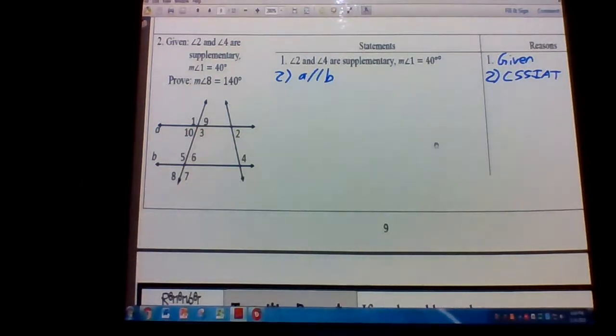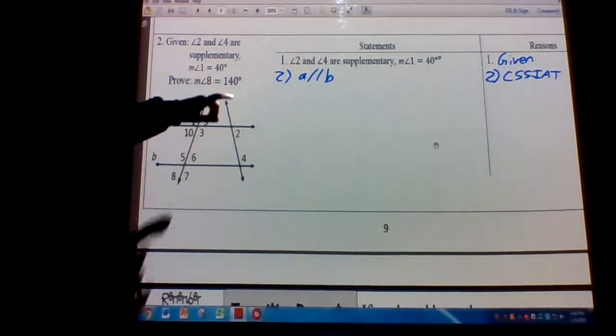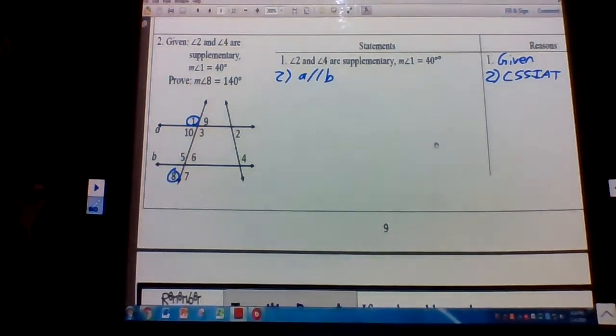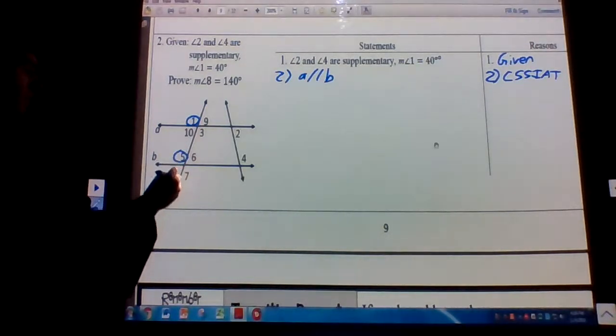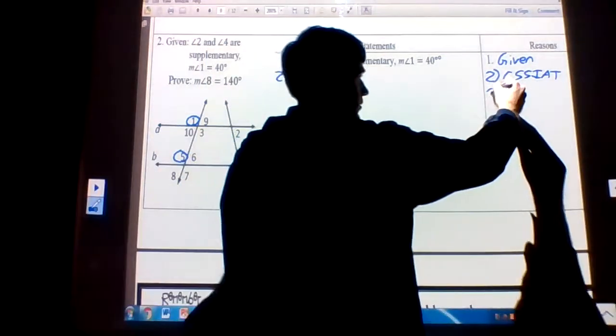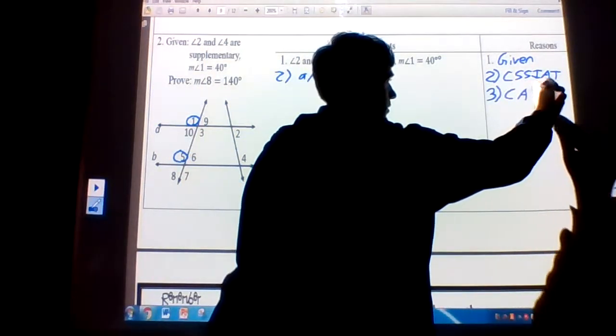Once we know the lines A and B are parallel, we can use our angle theorems. So we're at 1. Okay, we're trying to get to 8. We can't go directly from 1 to 8, so how about we go from 1 to 5, and then 5 to 8. So these are corresponding angles, so let's use the corresponding angle theorem, CAT.